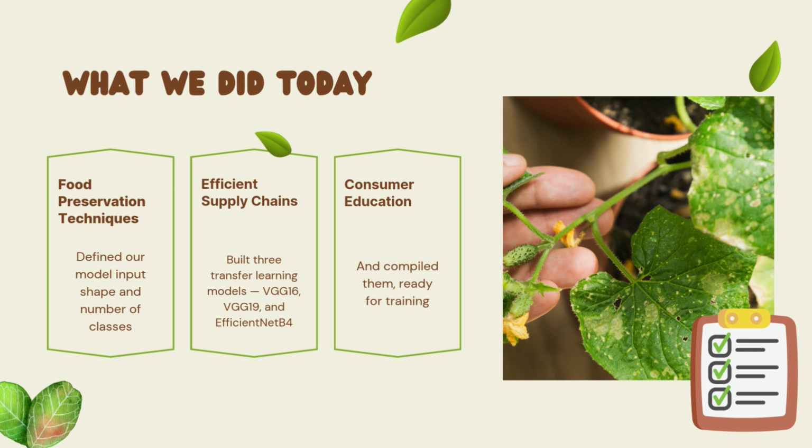So today we've successfully defined our model input shape and number of classes, built 3 transfer learning models, VGG16, VGG19, and EfficientNetB4, and compiled them, ready for training. So now our models are completely ready to learn from the dataset.